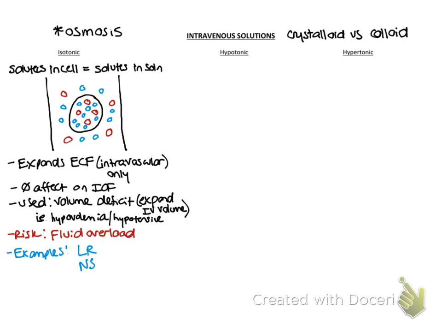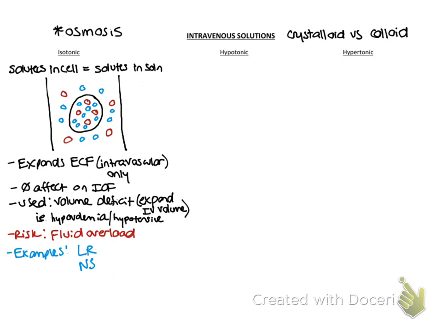Now, a lot of people get confused with D5W. D5W is isotonic in the bag, but it is not isotonic in your body. D5W is 5% dextrose in water. Water is not an isotonic solution, because saline is 0.9% sodium and chloride in water.